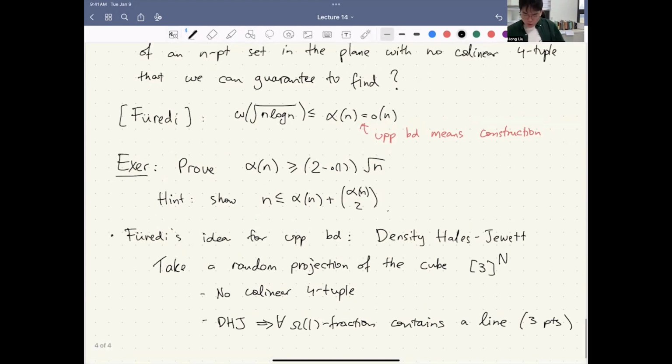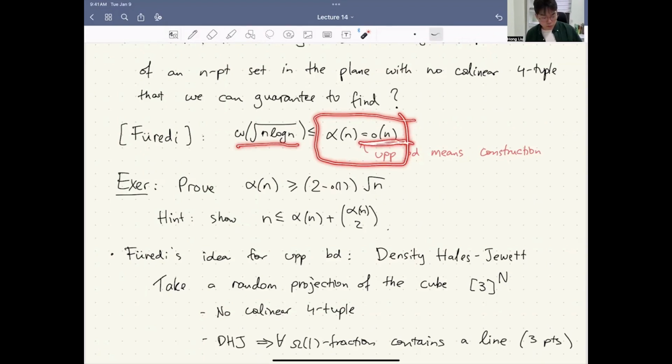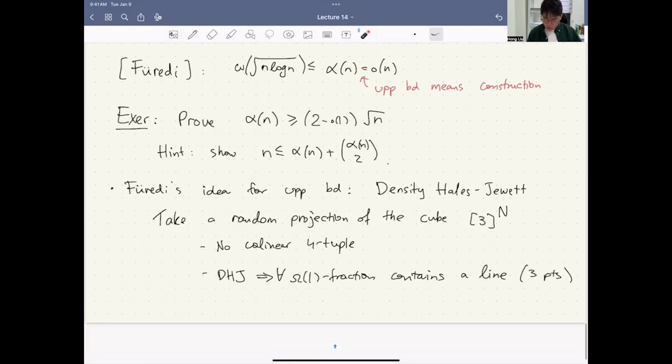Now, what we're going to do today is to improve these upper bounds to something polynomially smaller than n, than linear. This is a recent development by Bukh and Balogh, I believe, a nice breakthrough on this geometric problem using containers.